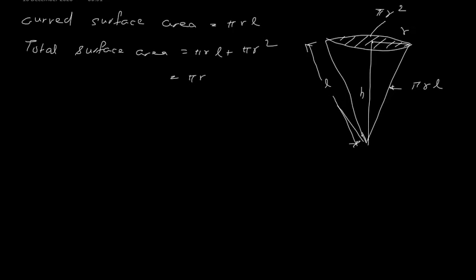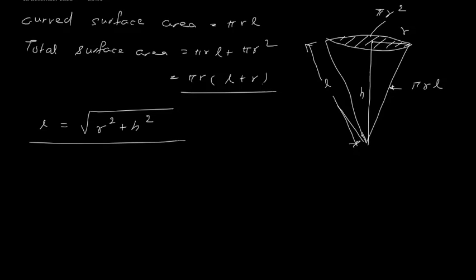So you can take pi r common and in bracket l plus r. This is total surface area. L we can find using the Pythagoras theorem, that is r square plus h square. So l is equal to root of r square plus h square, which is the formula to get the total surface area.